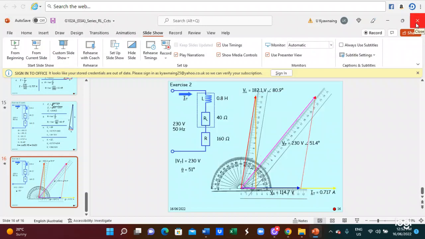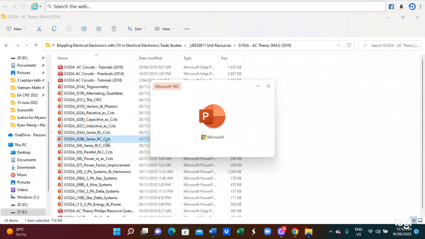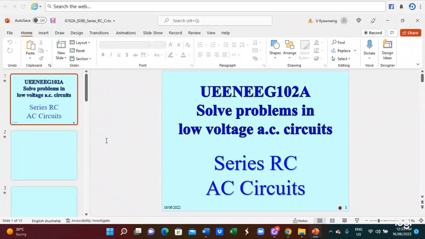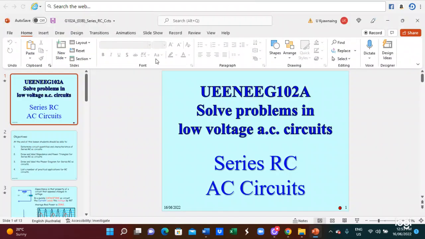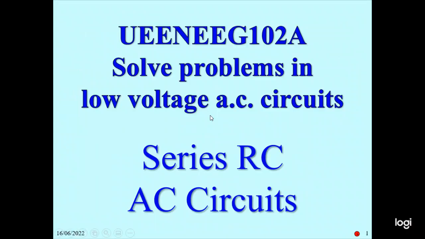Then we also do the series RC circuit. This is a series RC circuit, the sort of problem in low voltage AC circuit.